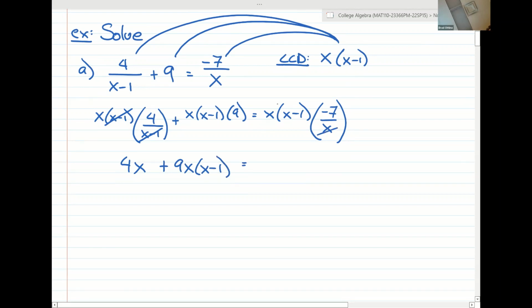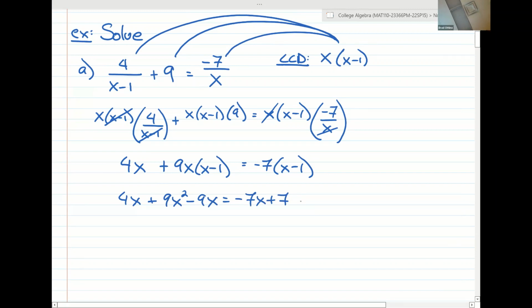And then this x cancels with this x, and we just get negative 7 times x minus 1. Just distributing here would give us 4x plus 9x squared minus 9x is equal to negative 7x plus 7.